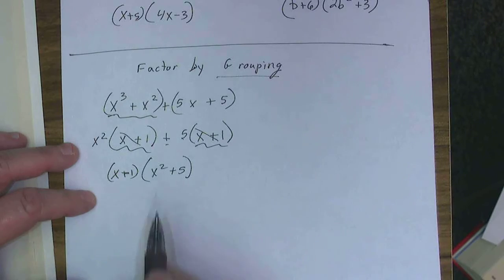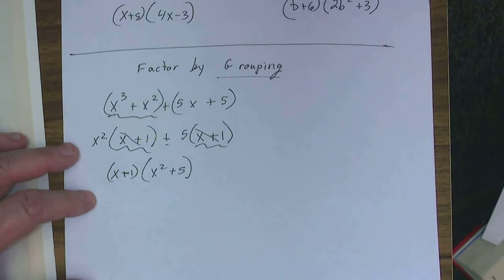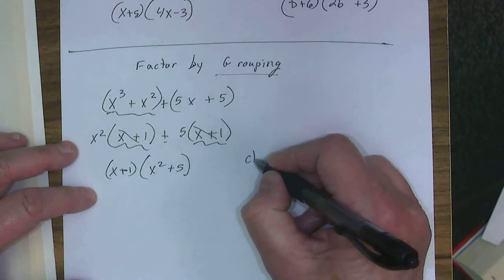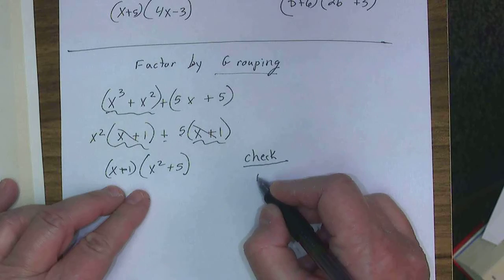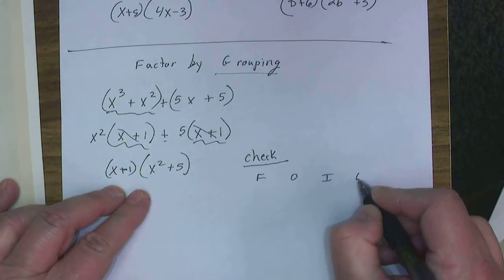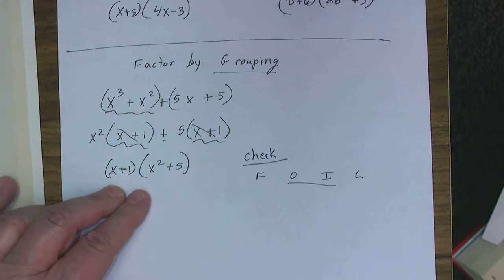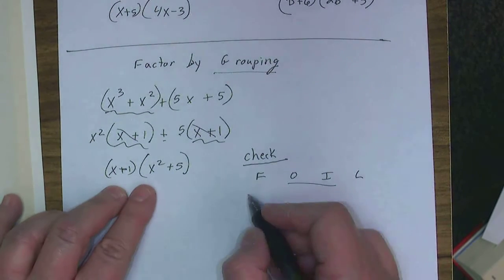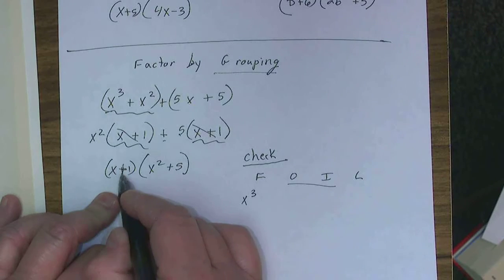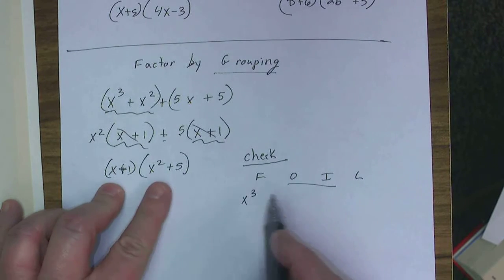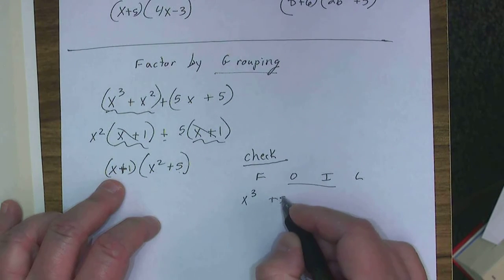If you were to multiply that, check it by FOIL. Let's check this one. First, outers, inners, last, because these will not be like terms. They will not be added together. The first is x cubed. That's these two. There's 1 there. The outers are 5x.